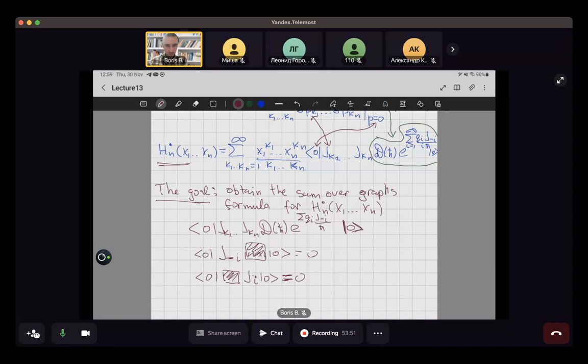So all this stuff looks awful, but in fact it's very, very useful, and finally quite nice, I hope.